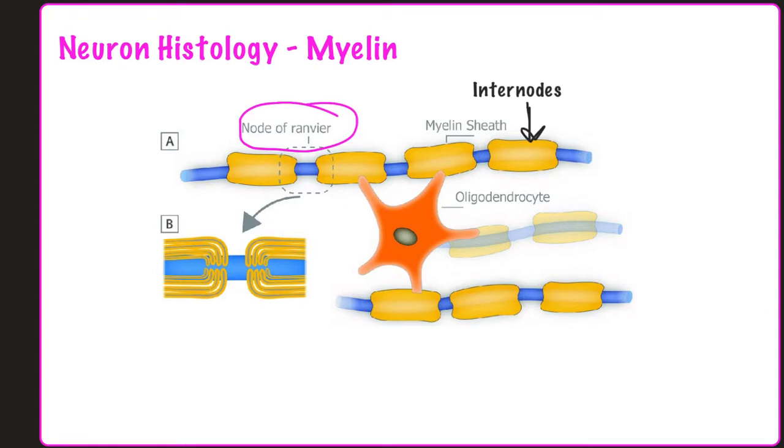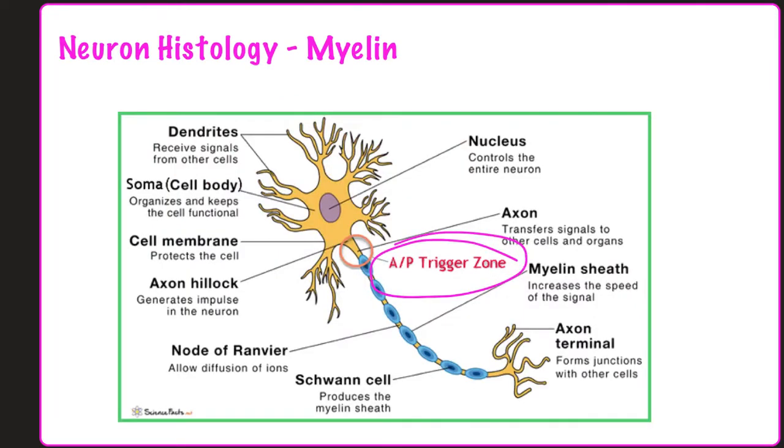Where there's myelin coverage, those are referred to as internodes. Those gaps are referred to as nodes of Ranvier. The trigger zone is going to be where the axon hillock and the initial segment are. So where the axon comes out from the cell body, that's where the trigger zone is going to be, where an action potential would start.